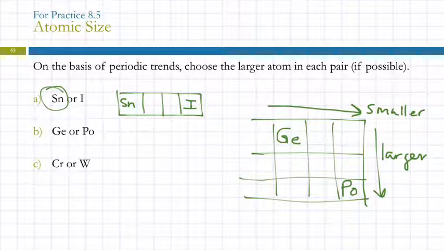Well, if we're forced to pick, we have to decide which of these has more impact. The increasing of the principal energy level or the increase of the effective nuclear charge. The higher principal level is going to have more effect. So polonium is larger. This trend, the vertical trend, is more important than the horizontal trend. Why is that again?